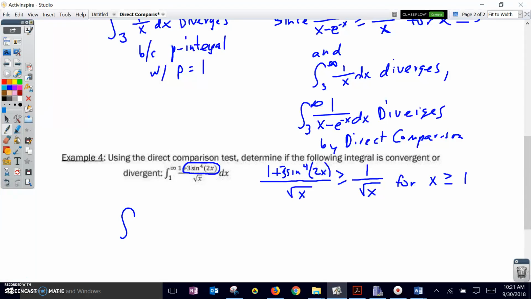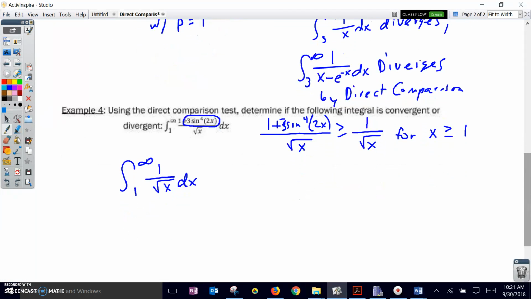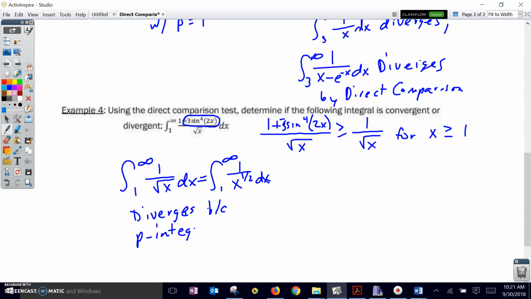And then I'm again going to use my conception of the p integral. This is the integral of 1 over the square root of x dx, which is equal to the integral from 1 to infinity of 1 over x to the 1/2 dx. This diverges because it is a p integral with p less than 1.